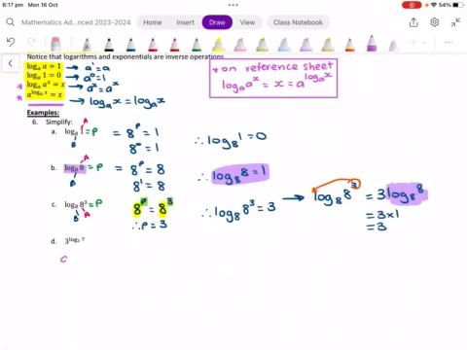We're going to use the fact that a to the power of log base a of x equals x. And this is where we have that a equals 3 in both cases and x equals 7. So we can therefore just go straight to 3 to the power of log base 3 of 7 is equal to 7.